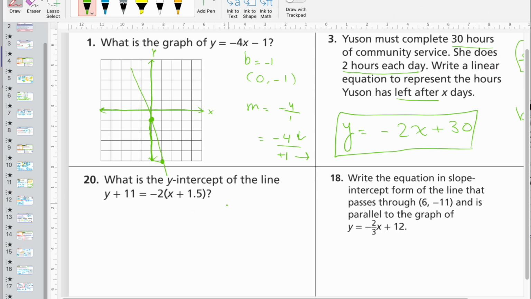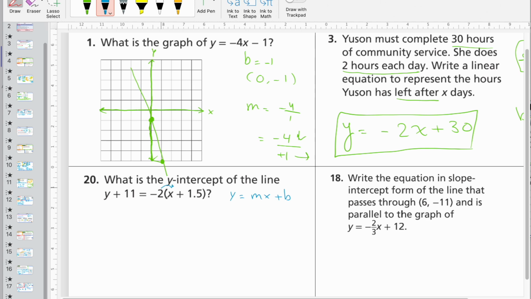What is the y-intercept in this equation? I have to rewrite it in the form y equals mx plus b. I don't want anything next to the y, and I don't want a bracket. Again, my goal is for this to look like y equals mx plus b, with y isolated and no brackets.